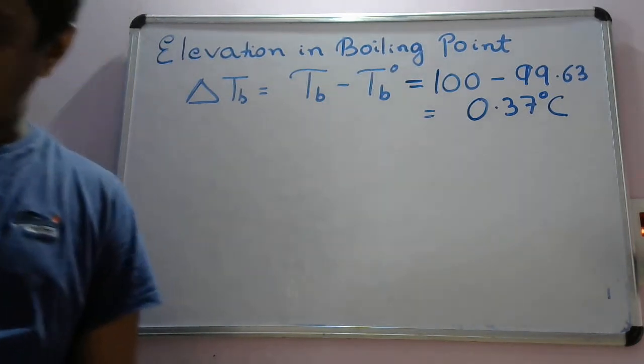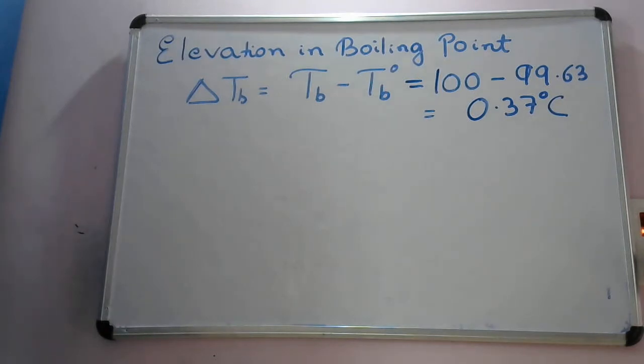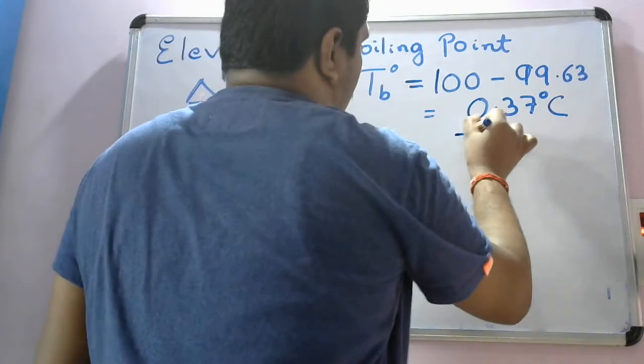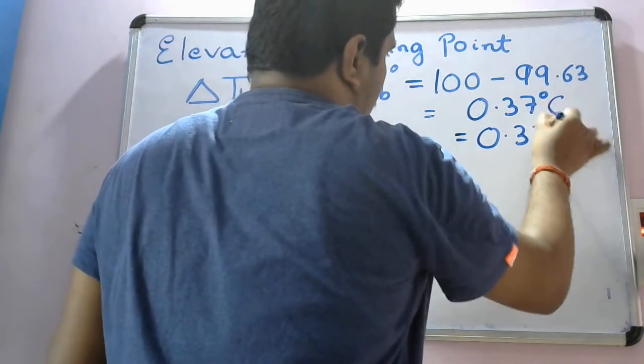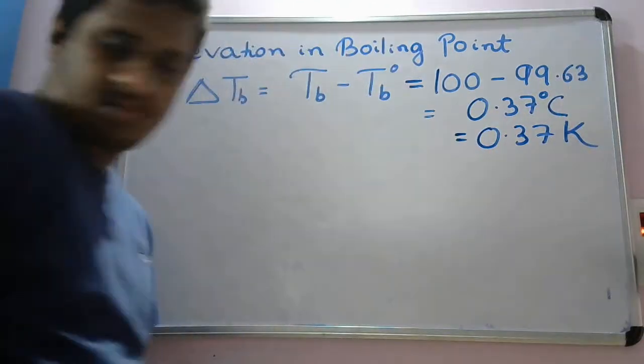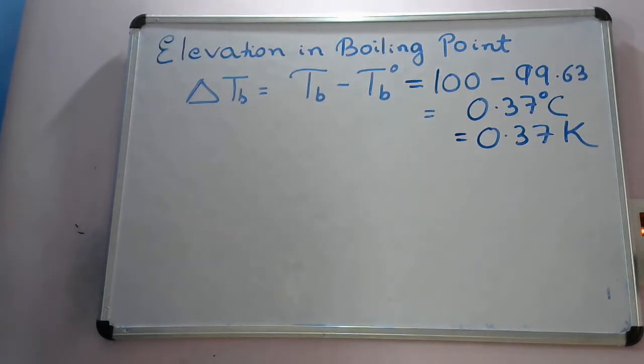Okay, so we can tell 0.37 degree Kelvin also, 0.37 Celsius also, because the difference will remain the same.